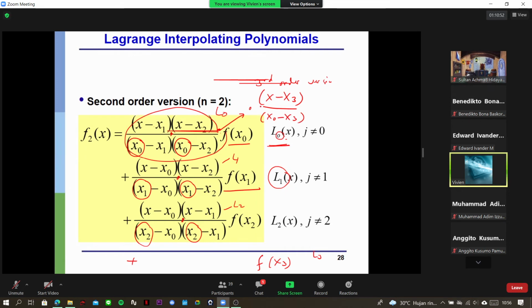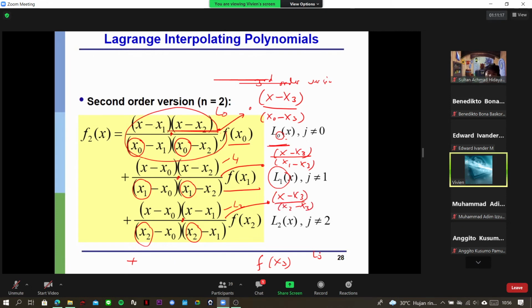So we have to add one term in the multiplication for L0. Then for L1, we multiply by (x minus x3) over (x1 minus x3). And for L2, again an additional term, (x minus x3) over (x2 minus x3).